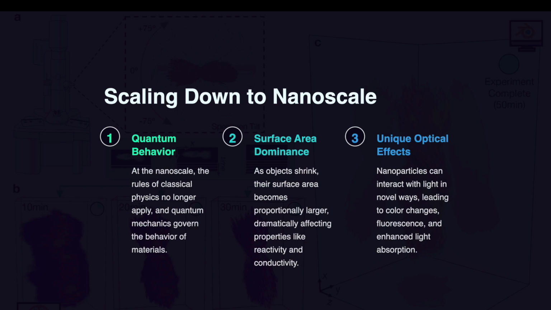Also, nanoparticles can interact with light in novel ways, not like the bigger materials which we can see with our eyes, leading to color changes, fluorescence, and enhanced light absorption. They can absorb more light than microparticles and macroparticles.